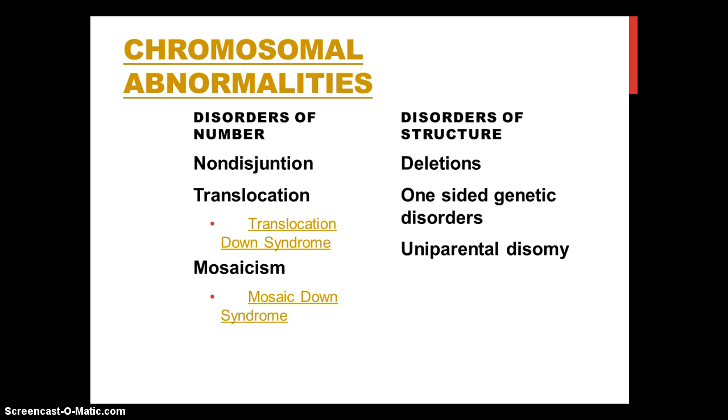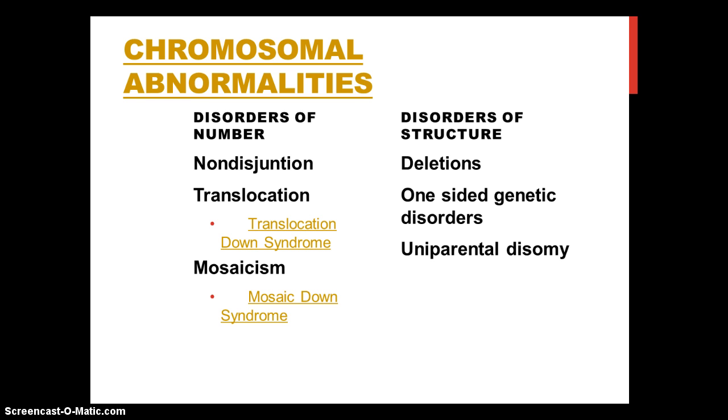Translocation is where part of the genetic material from one pair of chromosomes drifts during meiosis and ends up with a different pair, and there is a form of Down syndrome where the 15th or the 18th joins the 21st.